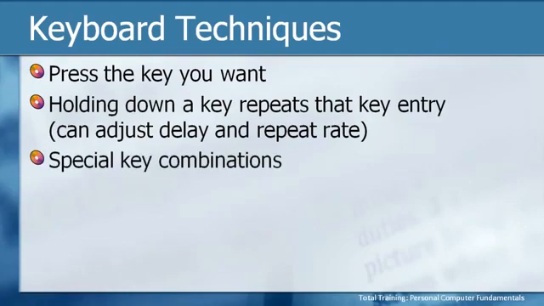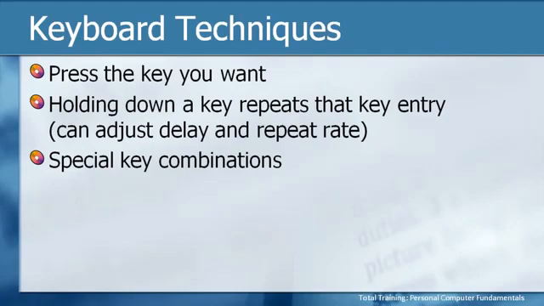Also know that there are special key combinations. When I just said you wanted to type ABC, I said you would press A and release it, then B and release it, and C and release it, and that would type those 3 letters. But sometimes you actually want to hold down multiple keys at the same time. For example, when I said you could do Alt-F for the file menu, you want to press and hold the Alt key, and then press the F key while you're still holding Alt in order to do that.